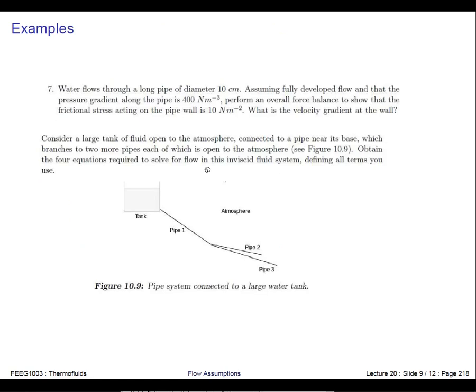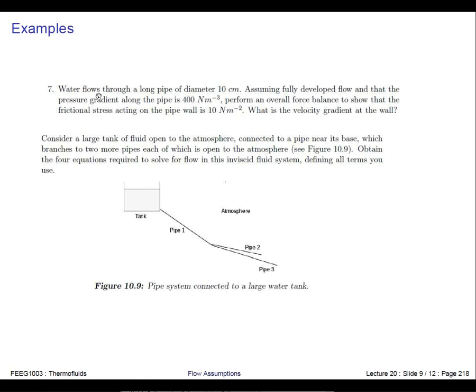Okay, so these are just a couple of examples to illustrate the kind of questions that you're going to find. These are questions from the workbook that I've scanned in. Here we've got water flowing through a long pipe of diameter 10 centimeters. This means you can assume fully developed flow, and you're told what the pressure gradient is.